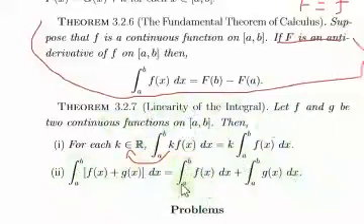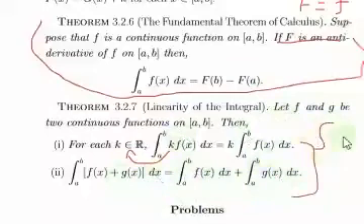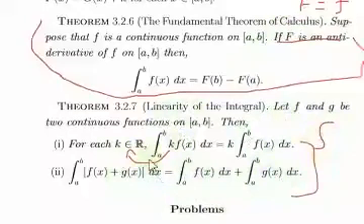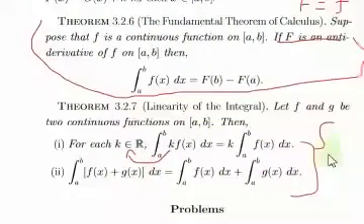The integral of a sum of two functions is the same as the sum of the integrals of each function. So this integral satisfies linearity. I hope you understood the proof of this theorem and these linearity properties of the integral.